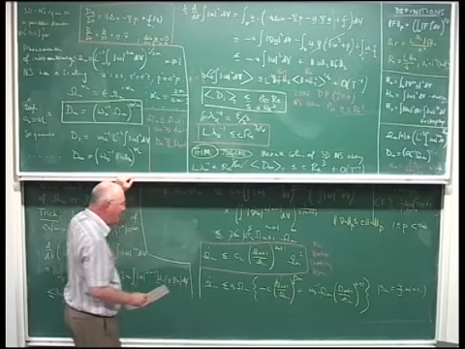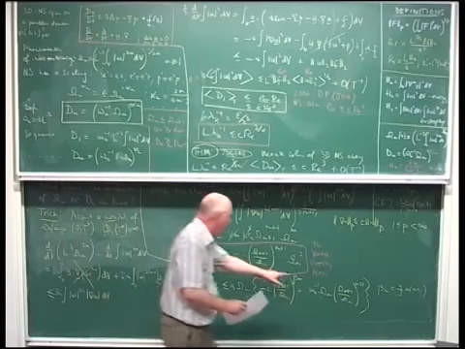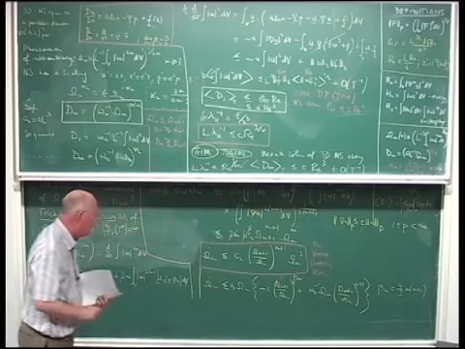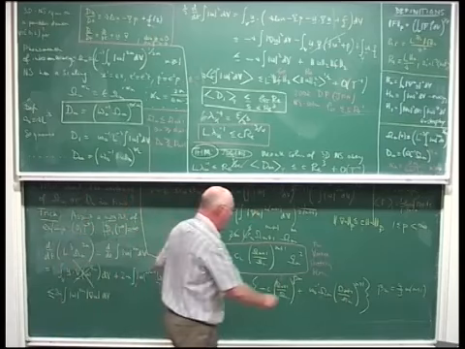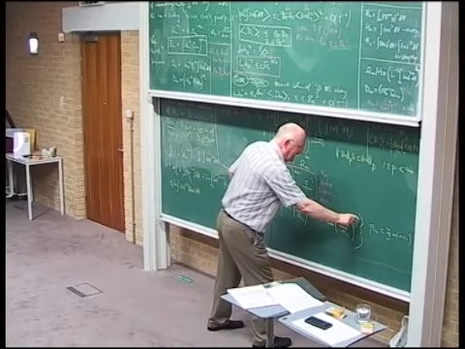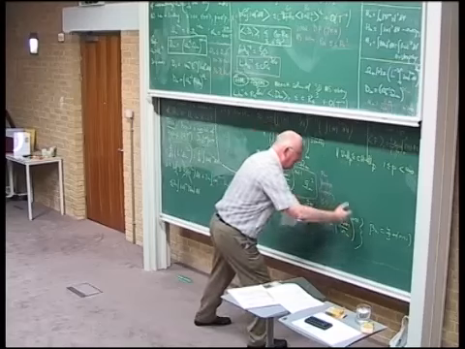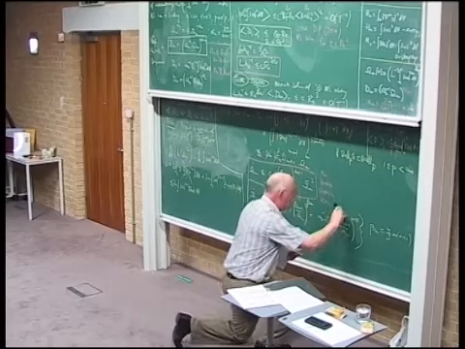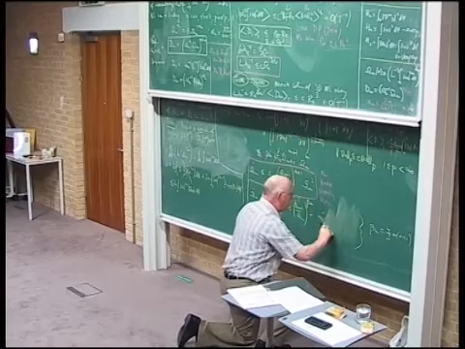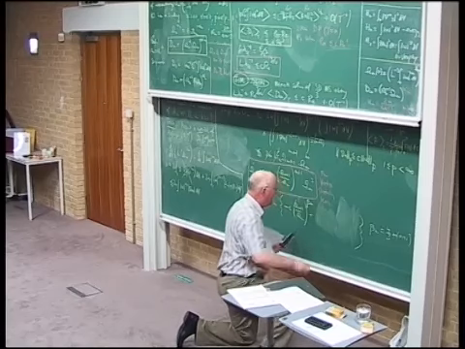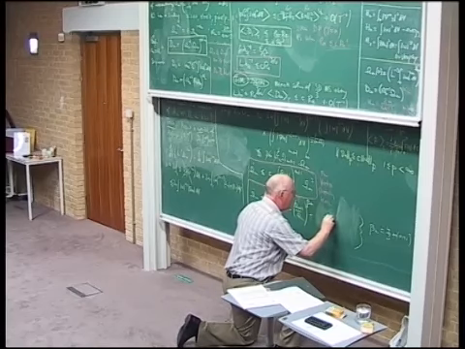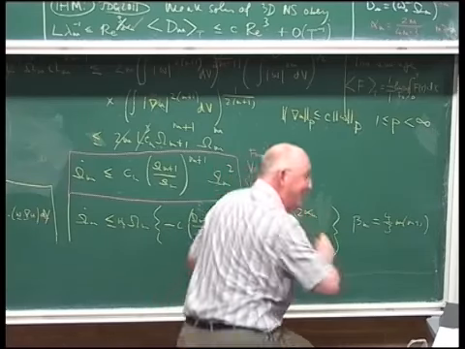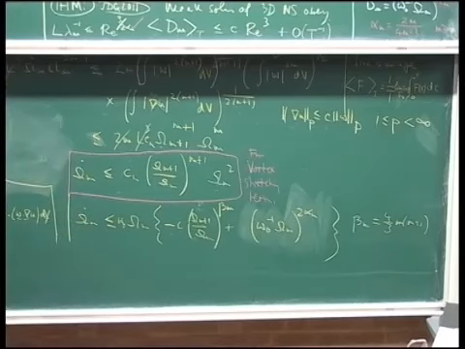Okay, what can we do with it? Well, I can peel these two apart. I can use Holder's inequality. It's a trivial back of the envelope calculation. And by Holder, I can make this into that, peel them apart, and I'll just give you the answer. And the answer is that you get omega naught to the minus 1 omega m, and lo and behold, you get 2 alpha m, the famous alpha m.